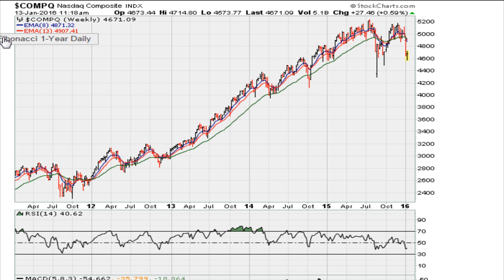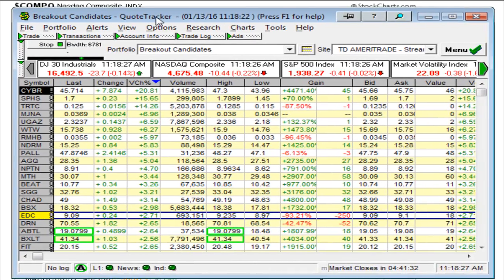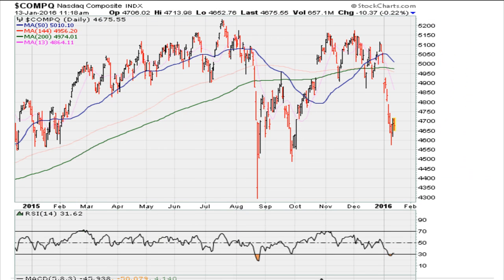Now let's take a look at the daily for the Nasdaq, because right now we are trading with the markets early on in the morning. Nasdaq is down a little bit, Dow is down, S&P 500 is down. But what I want to look at here is that we were looking at the Nasdaq trading back above 30.90. But at some point earlier in the session, it was down below 30.9.